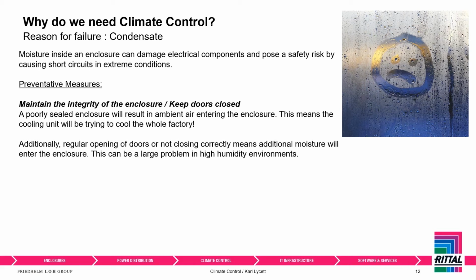So this is where we recommend, if it's an old enclosure you've had on site for years, you need to make sure that it shuts correctly or get the doors replaced, or you need to use the door switches that we sell. They link to the cooling unit, so when you open the door, it turns the cooling off. That protects it. It's not like it's preventing the cooling unit from just running and burning itself out. Okay, so that's something to keep in mind. Very low cost item, can save expensive repairs or accidental breakdowns further down the line.